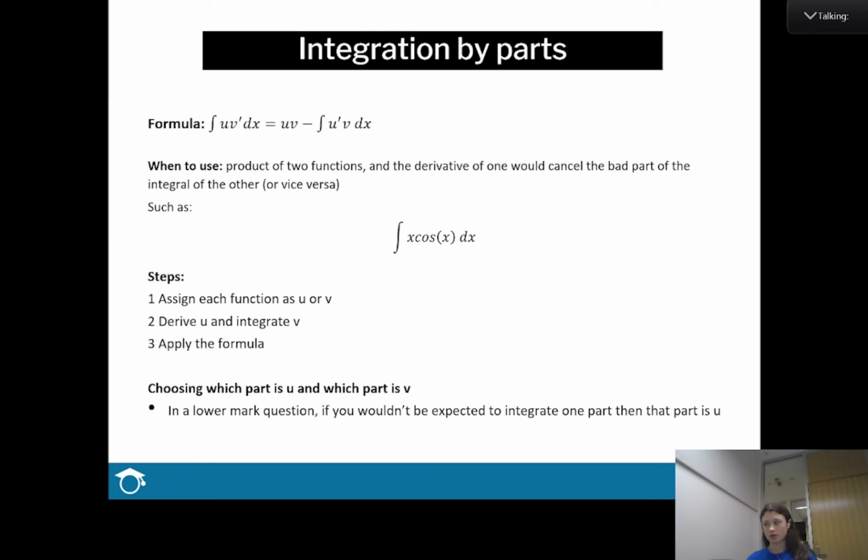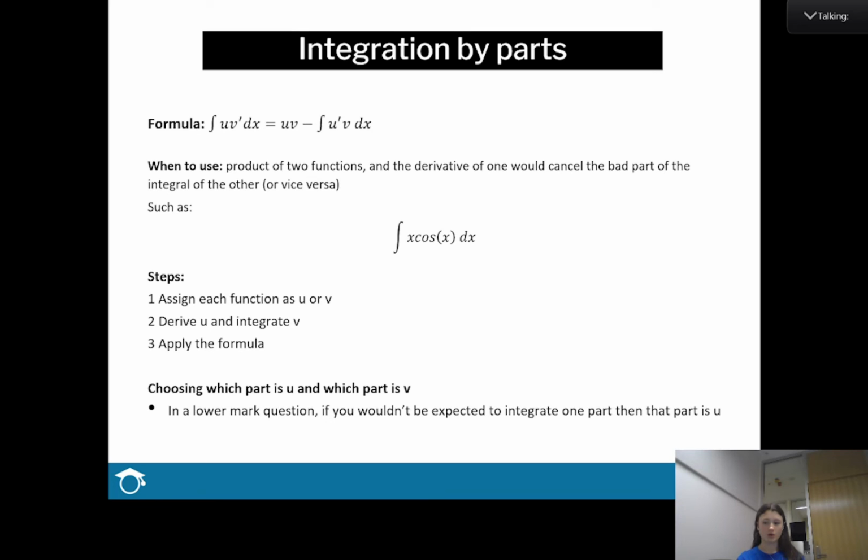What you need to look for here, especially on exams where you're given the marking scheme, but also in textbooks by judging how hard the question is going to be: if it's a low mark question or at the beginning of the exercise, then you can usually guess that u is going to be the part that you wouldn't be expected to integrate.